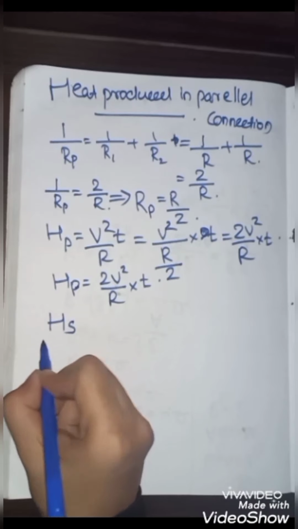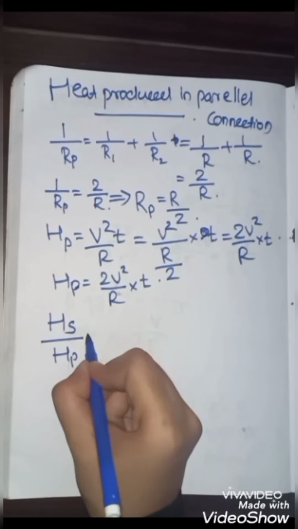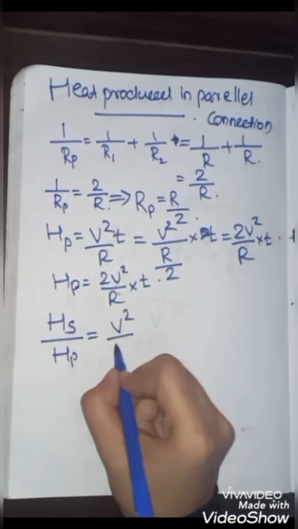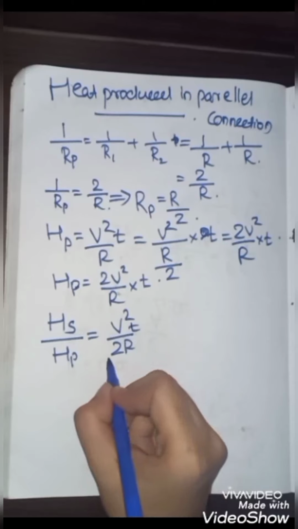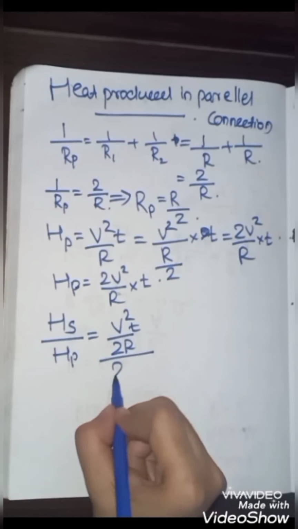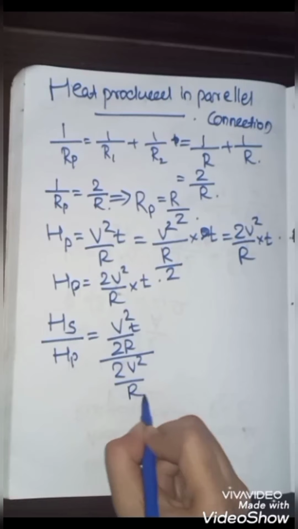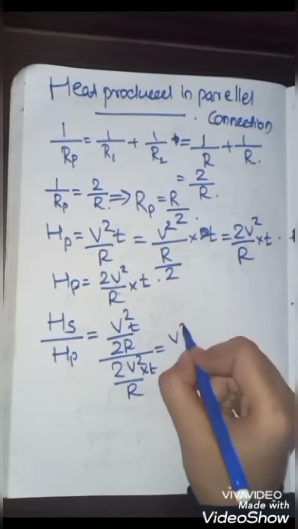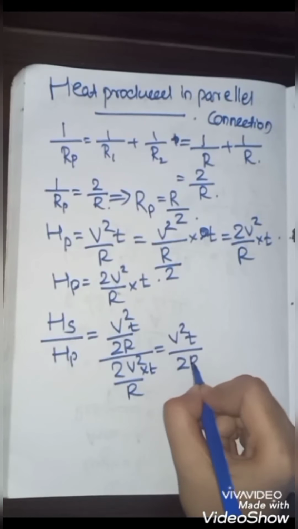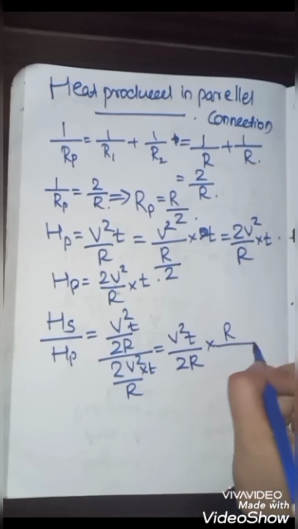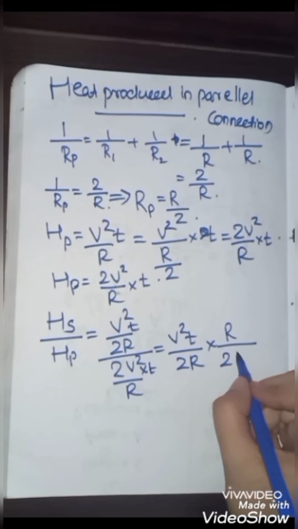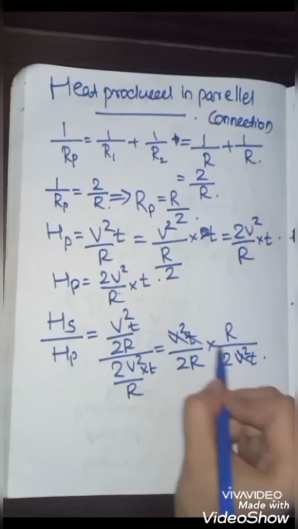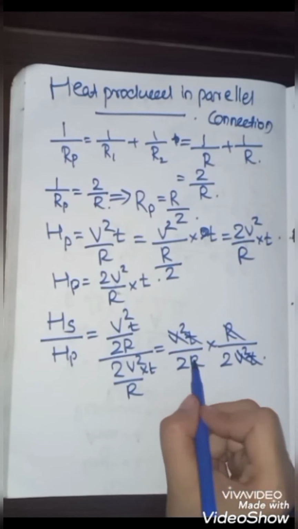Heat produced in series is V square by 2R into T, divided by Hp, which is 2V square by R into T. We can rewrite it as R into R by 2V square T upon 2R into 2V square T. Here V square cancels, T cancels, and R cancels.